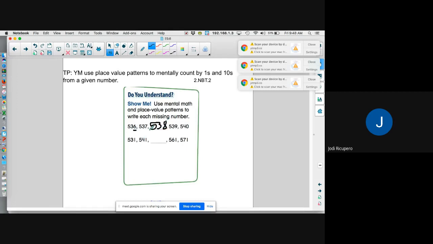I saw that only the ones digit changed. Let's look at the next one. 531, 541, blank, 561, 571. What digit is changing? Fill in the missing number. If you said 551, you are correct.